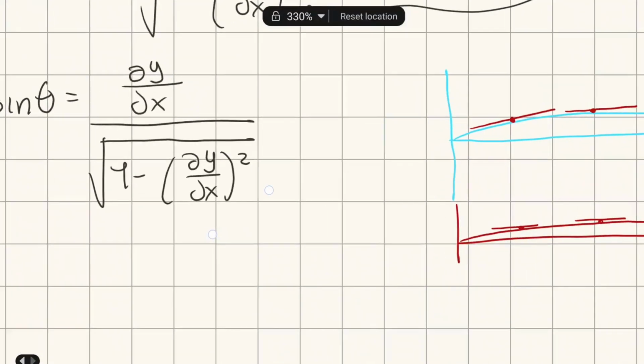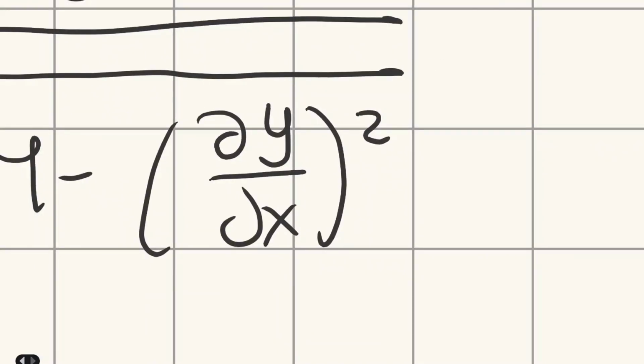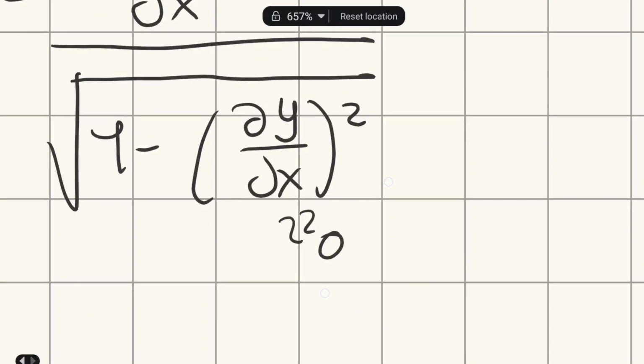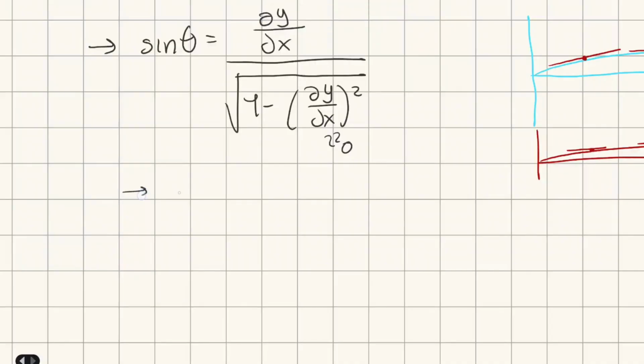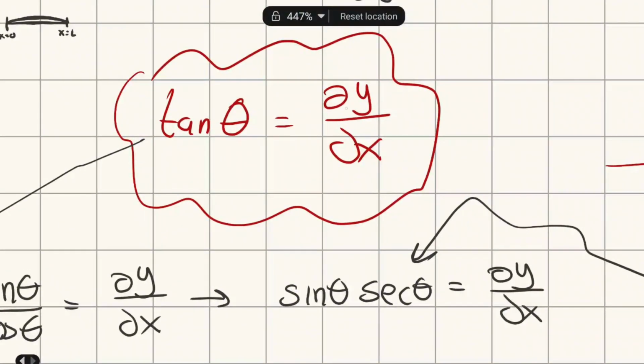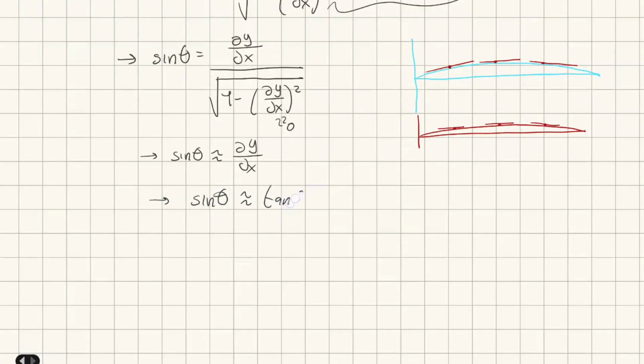If we square that inclination, it is also going to be close to zero, and actually much smaller than just the derivative of y with respect to x. So this element is almost zero, and we consider that it doesn't contribute too much. With that, we conclude that sin θ is approximately the derivative of y with respect to x, but we said that tan θ is equal to the derivative of y with respect to x. So in small oscillations only, sin θ is approximately tan θ.